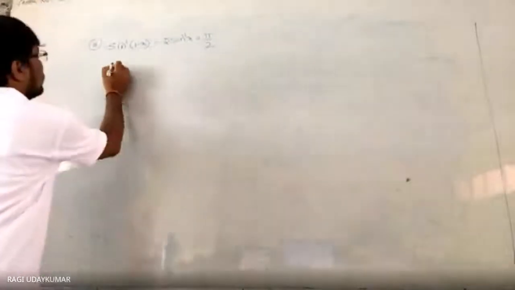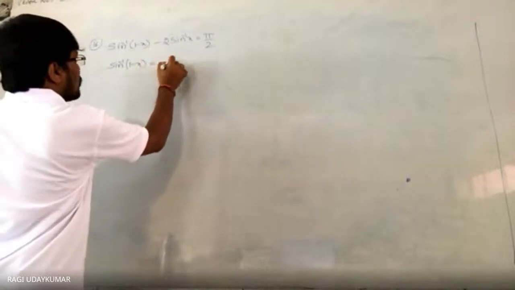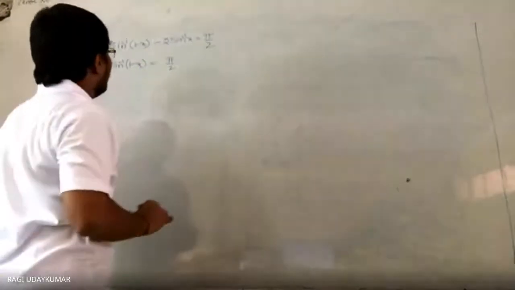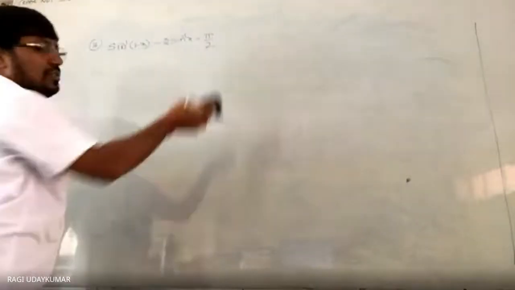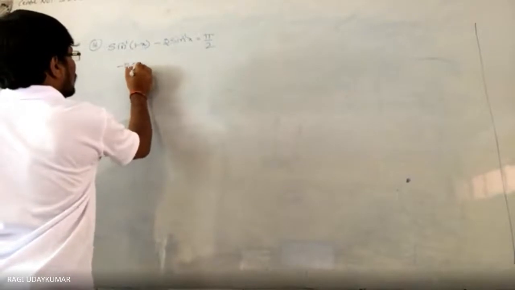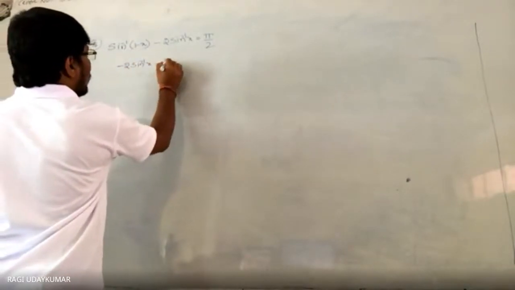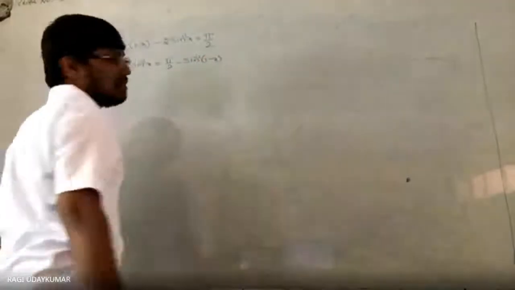Okay, let us do it. Sin inverse of 1 minus x is equals to pi by 2. No, not like this. Take this to the other side: minus 2 sin inverse x is equals to pi by 2 minus sin inverse of 1 minus x.